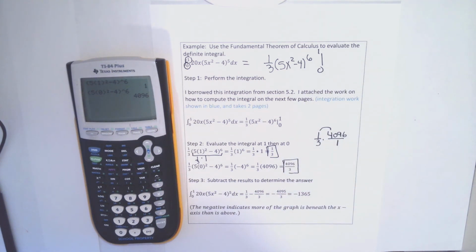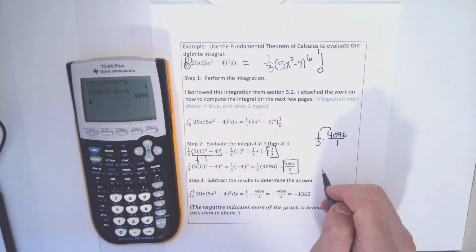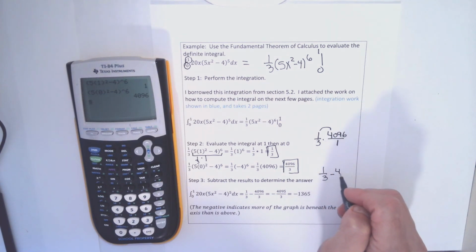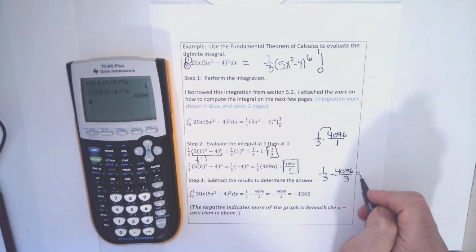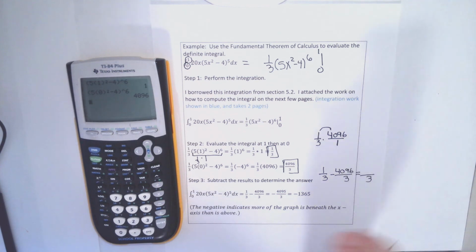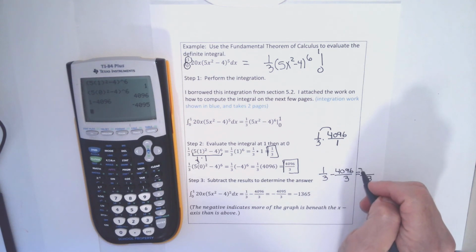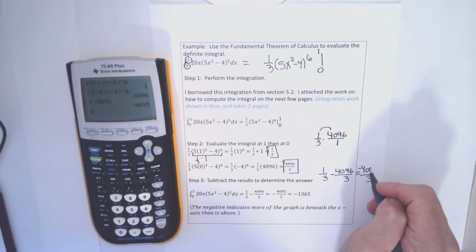Now I subtract the results to get the area. So I'm going to go 1/3 minus 4096 over 3. At least I have common denominators. The over 3 part's going to stay, and the numerator is going to be 1 minus 4096, and that gives me negative 4095 over 3.